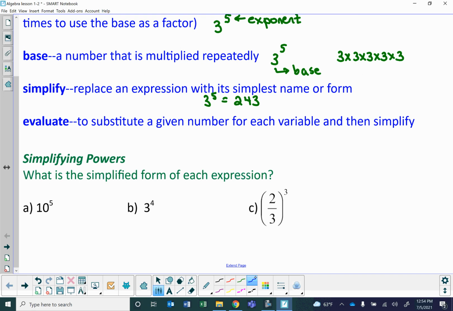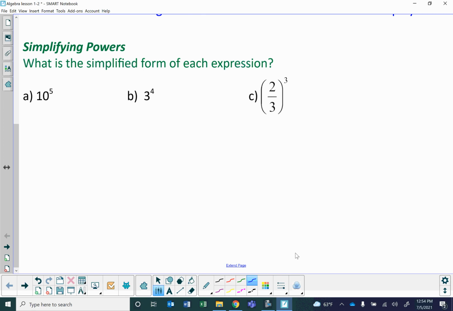To simplify each expression, you're simply going to apply the exponent the way that they ask you to. So 10 to the 5th literally means we're going to take 10 and use it as a base 5 times. So we have 10 times 10 times 10 times 10 times 10. There's an easy way to remember how to multiply powers of 10.